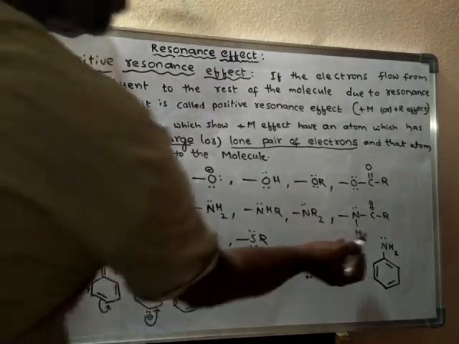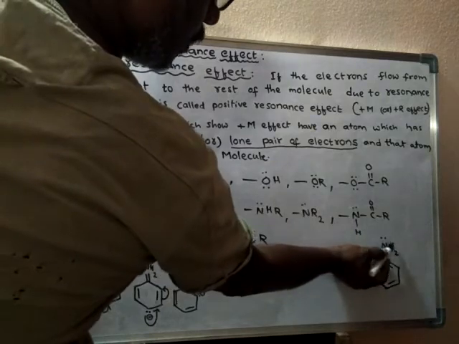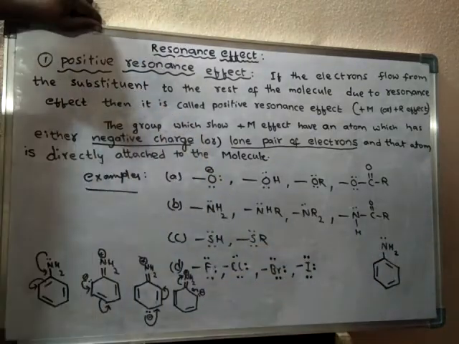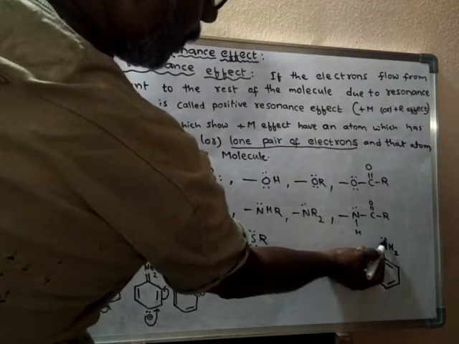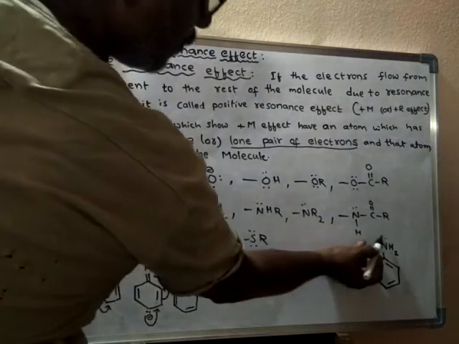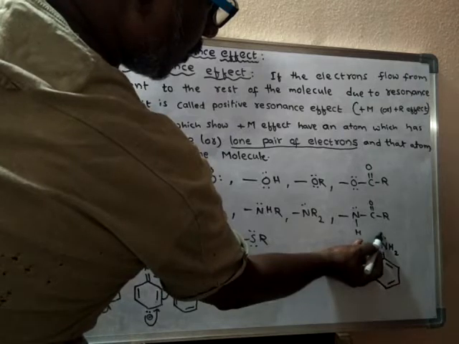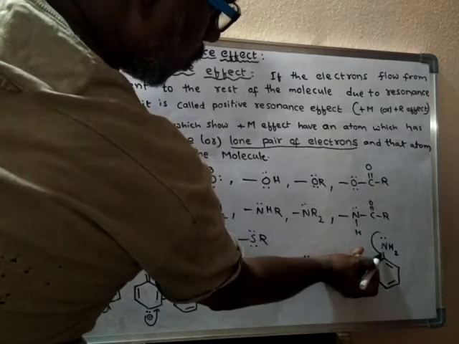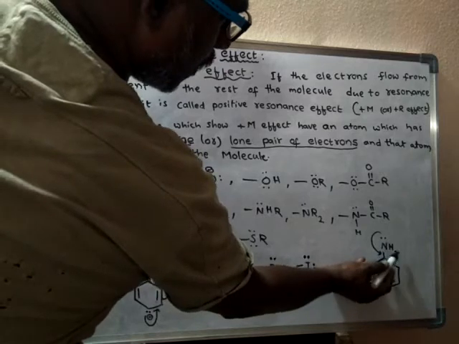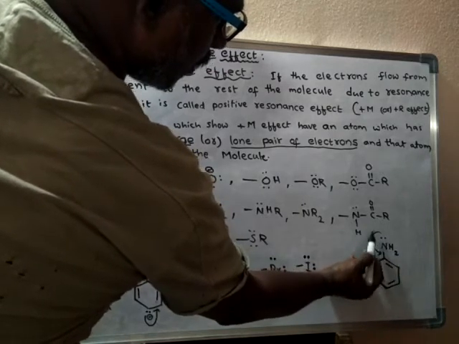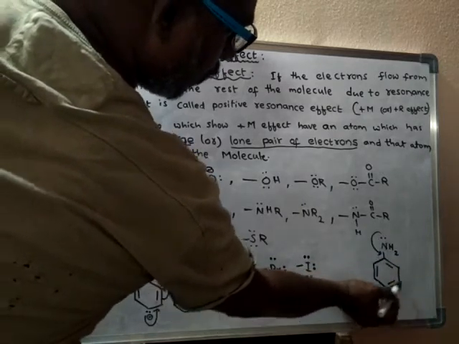So here this nitrogen atom is a substituent group which is attached to the benzene ring. This atom has a lone pair of electrons. Now what happens? This lone pair of electrons will flow into the ring. So from the substituent, electrons will flow to the rest of the molecule.